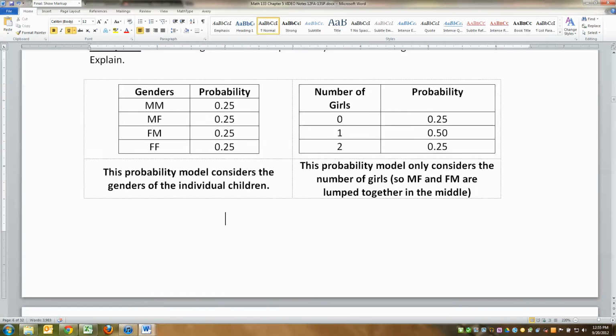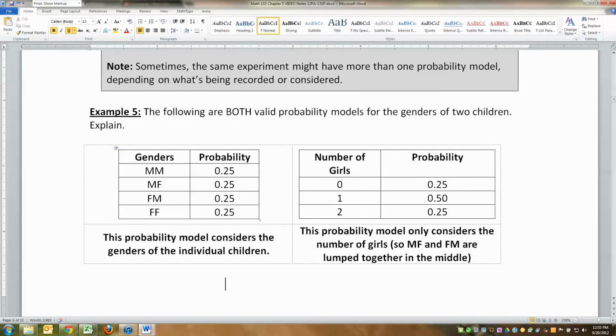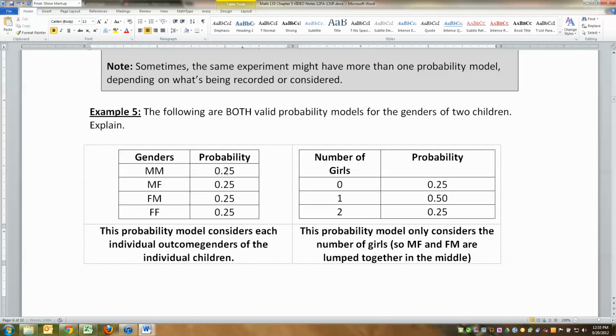Okay, here we go. So this one over here considers each individual outcome, right? It's looking at the genders of the individual children, so you can see male, male, male, female, and so on.